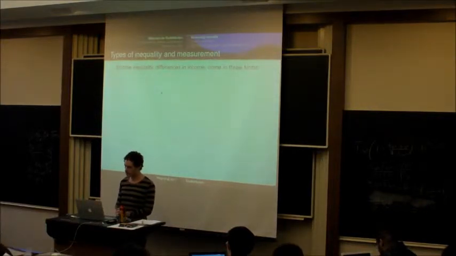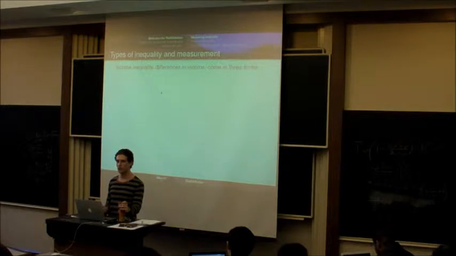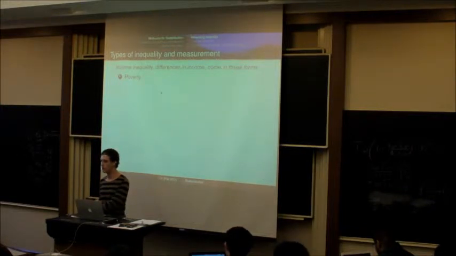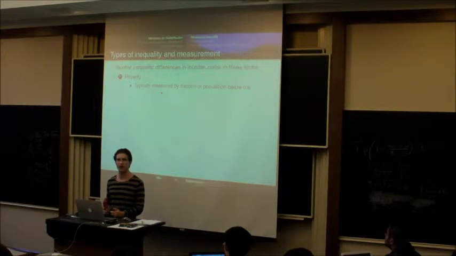Okay, so income inequality, that is differences in income across different people in a society, comes in three basic forms. The first is poverty, that is people who are much less well off than everybody else. This is typically measured by the fraction of the population that's below some poverty line.